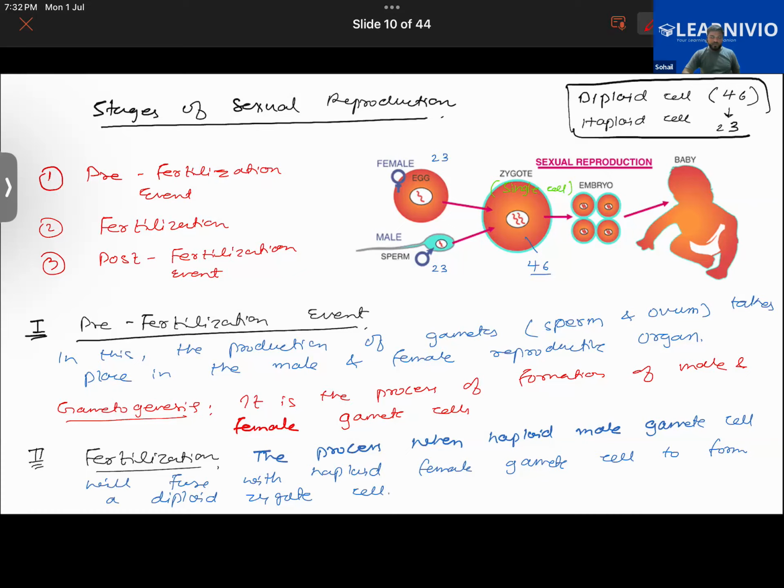Okay, yeah. So what about the female sex cells? The female sex cell, that is the ovum, is present in the ovary since the birth of the female child, but at that time it is immature.